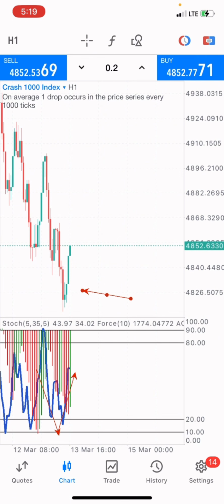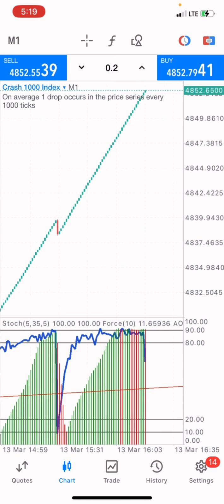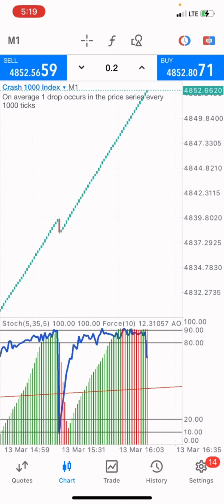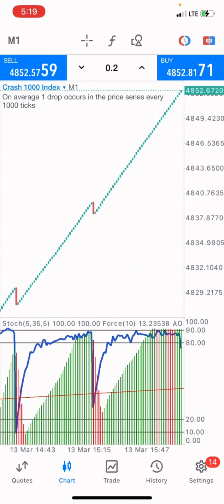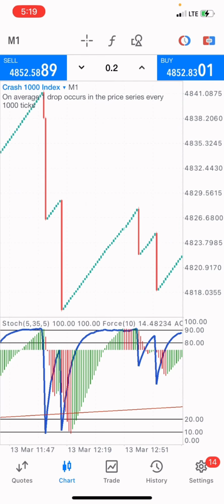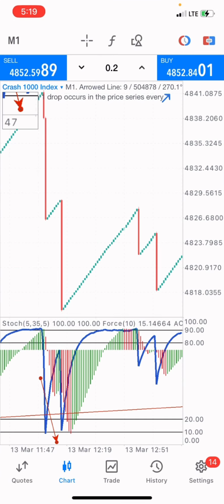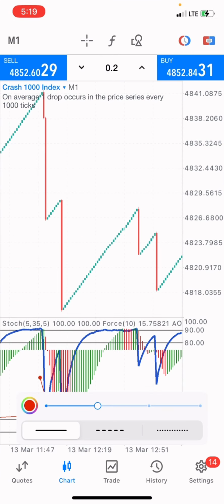So at this point you want to switch to the 1 minute time frame and also ensure that you meet price at that region. You want to see your first index indicator at the levels 20 and 10.